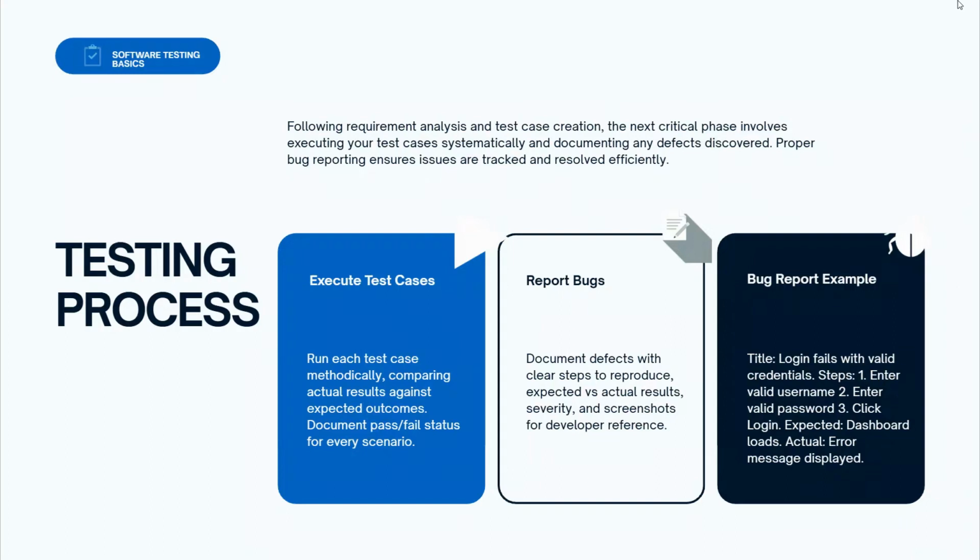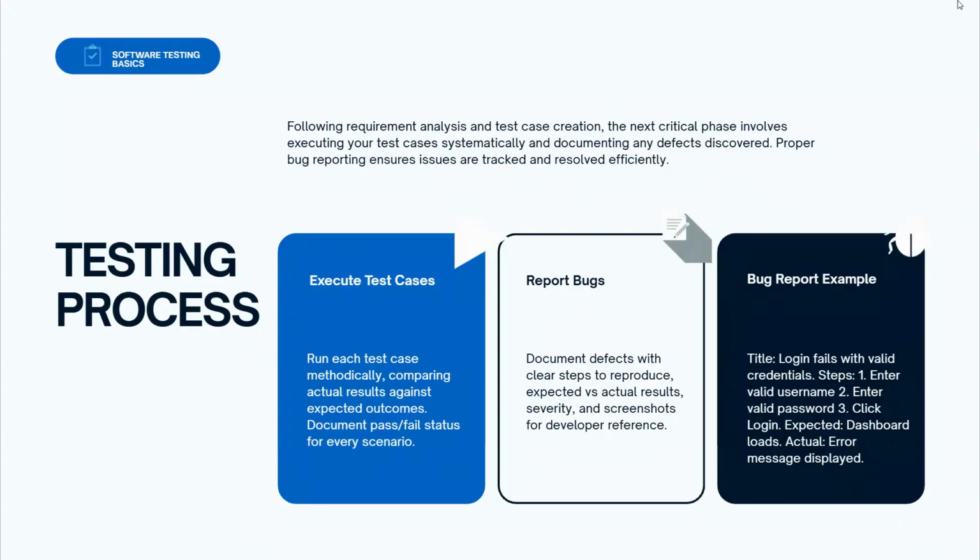And then comes report a bug. Report a bug in a bug tracking tool. Under the user story, you will create a defect, and based on that user story, you will assign it to the particular developer.